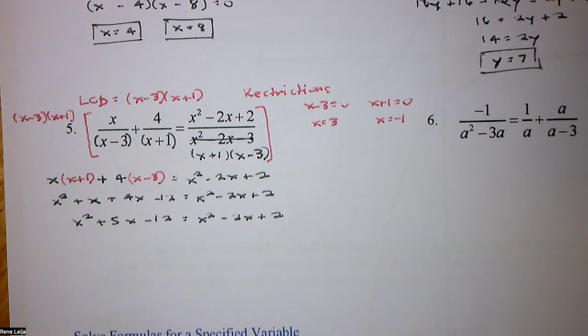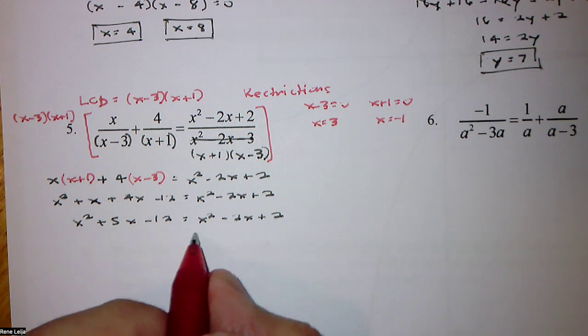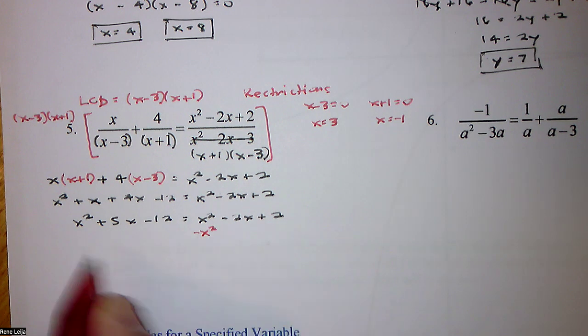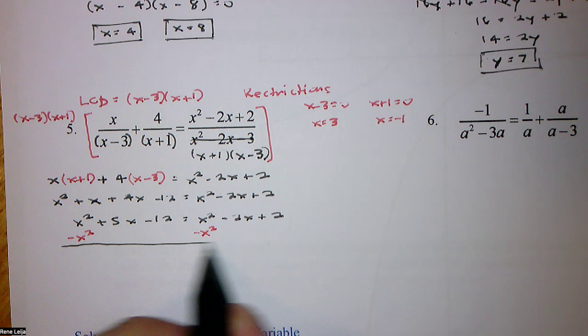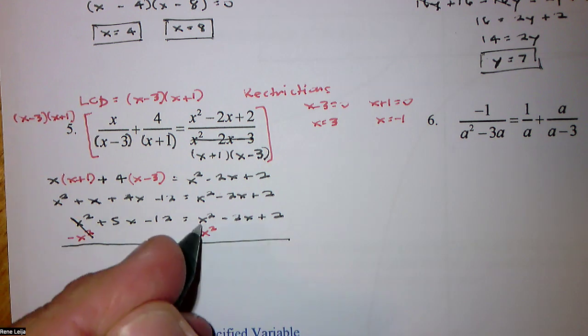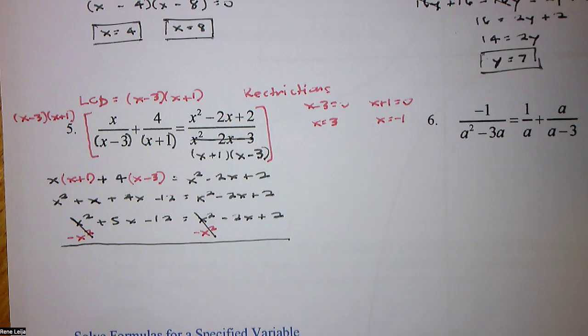Okay, so now if you're thinking, oh, great, I have this quadratic, so I've got to pull everything together. Well, watch what happens, because if I have to subtract, when I try to combine my x squareds, I would subtract them. And do you see what's going to happen? These x squareds are gone, which means we no longer have a quadratic.